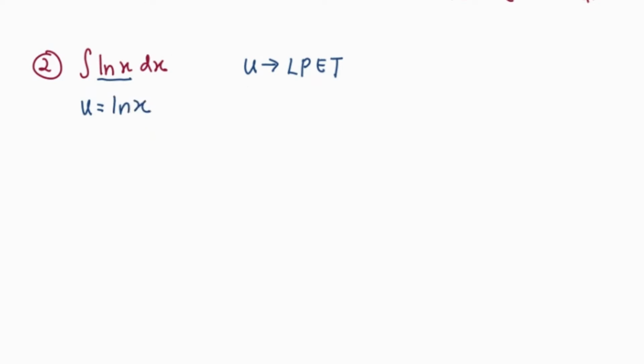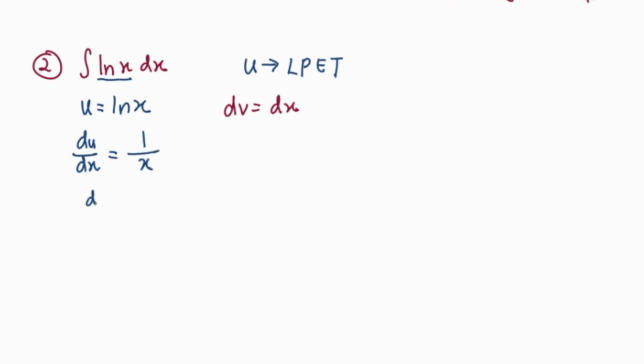And then the rest of the part is equal to dv. So dv will equal dx, because when we let u become ln x, this part will become dv. For the u part, what can we do? We will differentiate u with respect to x, then differentiate ln x, we will get 1 over x.